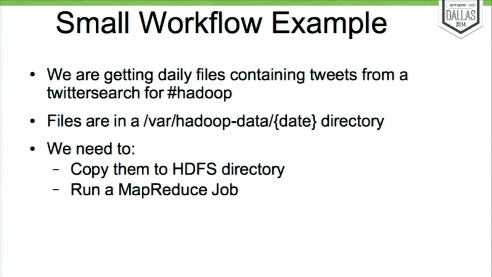In the small workflow, which is the next example, we're actually getting these files every day. They'll be in a directory with a date attached to the file name, so we can know what date they're coming from. So we need to copy them into HDFS and then run the same MapReduce job on that file.